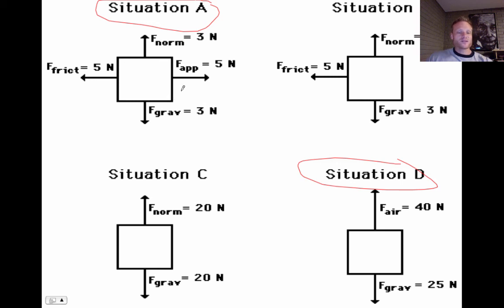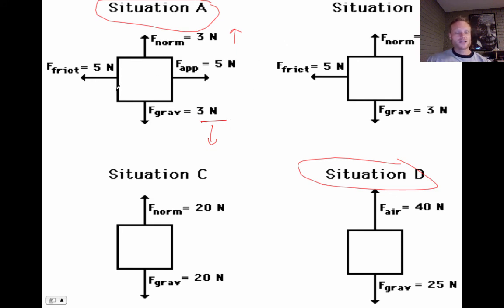Let's take a look at the forces in the vertical direction. We have the force of gravity, and it's 3 newtons, going down. And we have the normal force, and it's 3 newtons, going up. Do these forces balance each other out, 3 newtons up and 3 newtons down? The answer is yes. So there is no vertical net force, if you will. They've been canceled out.